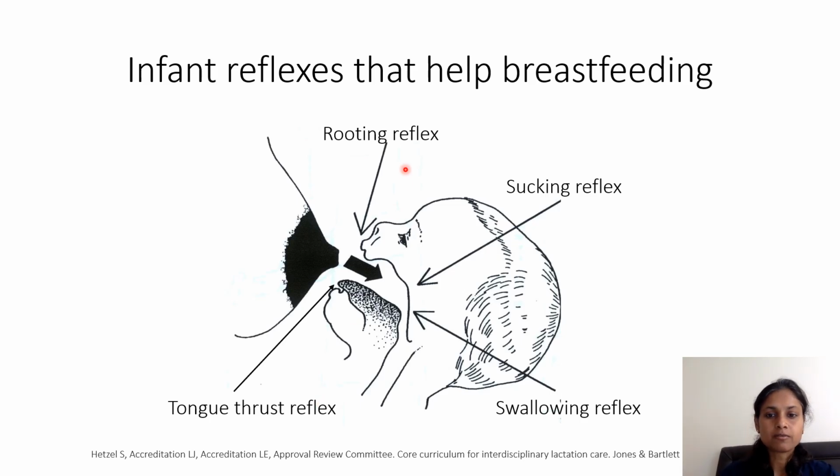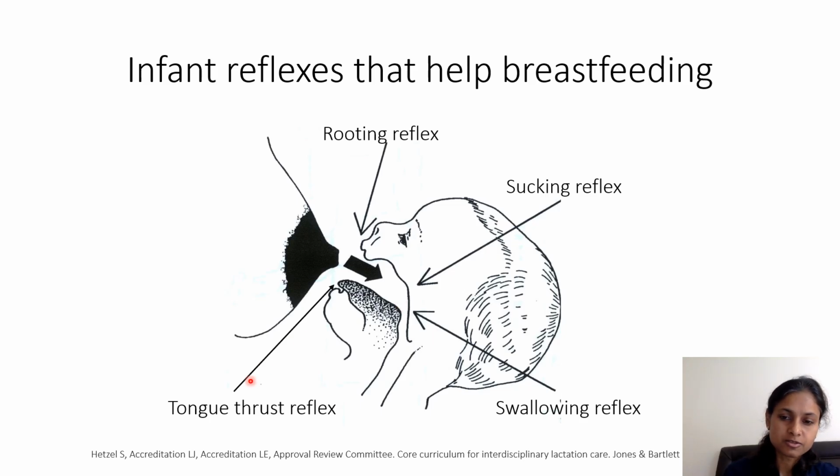The rooting reflex is when the baby searches for the breast: the cheek of the baby is stroked and the baby opens its mouth wide to search for the breast. Once the baby finds the breast, it holds on to the nipple areolar complex and starts suckling, which is followed by swallowing of the breast milk.